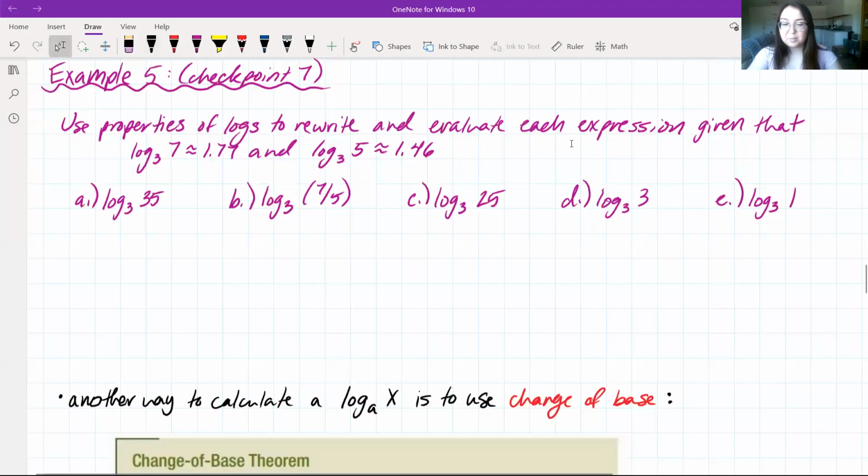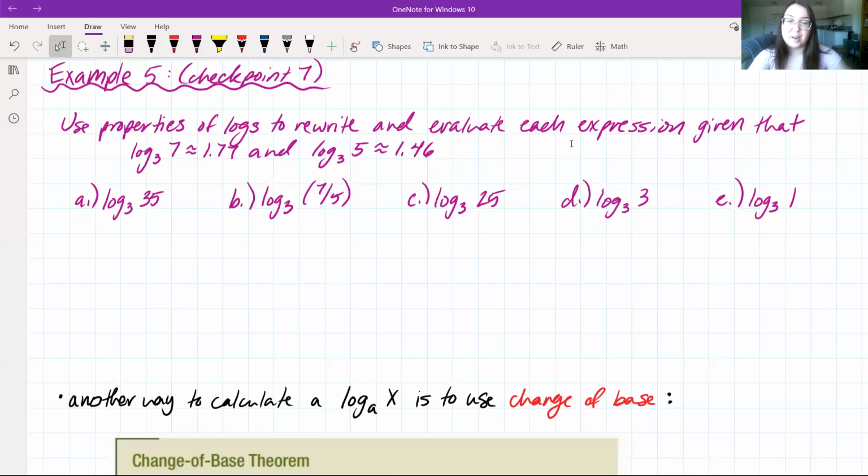All right, for example 5, which is also checkpoint 7 in your book, we're going to use properties of logs to rewrite and evaluate each expression given that log base 3 of 7 is about equal to 1.77, and log base 3 of 5 is about equal to 1.46. So for part A, we have log base 3 of 35, and we don't know what log base 3 of 35 is unless we use a calculator.